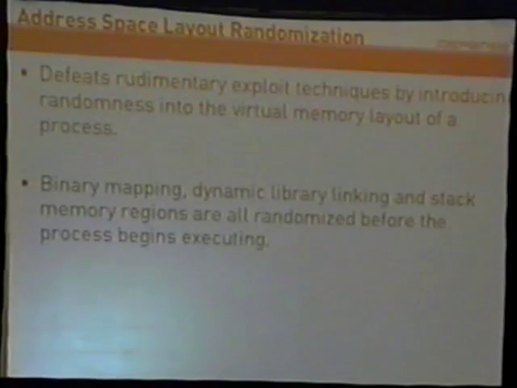So that will effectively reduce the impact of an exploit because it's not going to get to the right values. Also, it maps the binary and the loader at a different location than the standard addresses that are predefined in the kernel, and further, library linking and kernel space execution is also randomized.